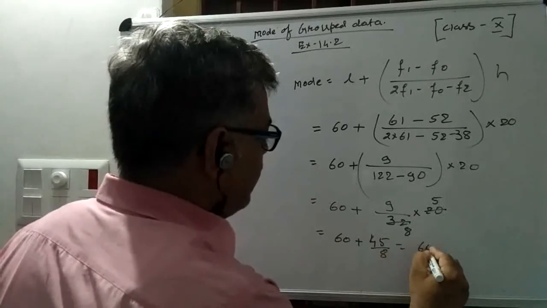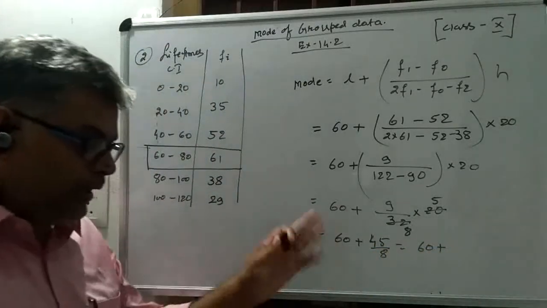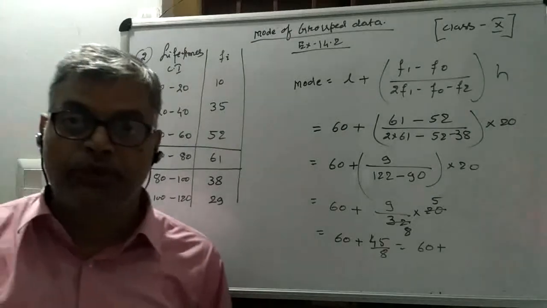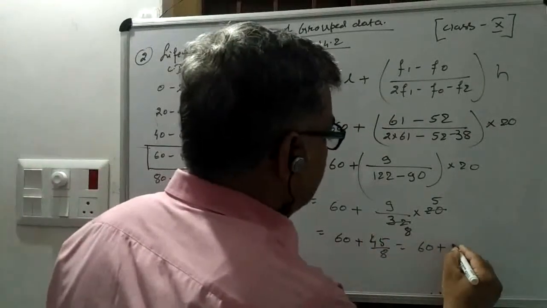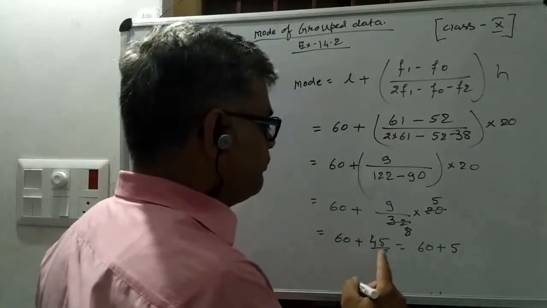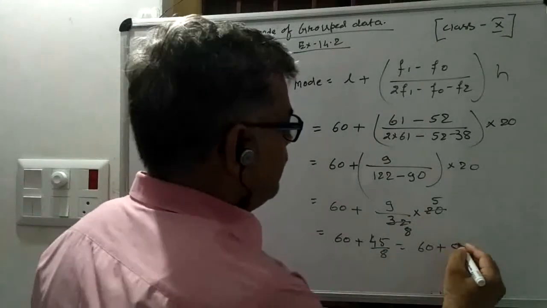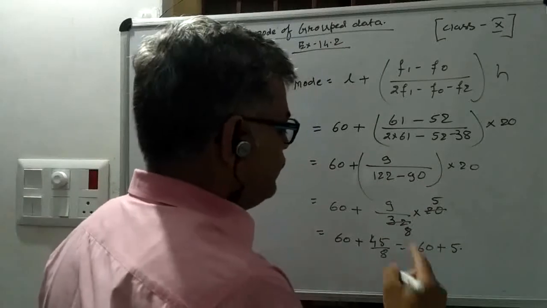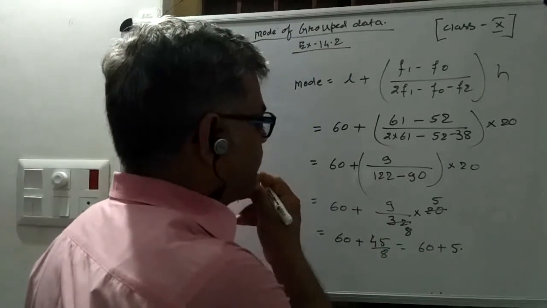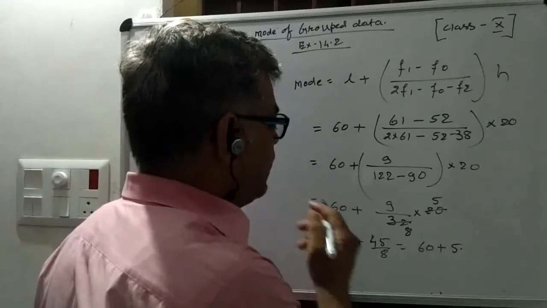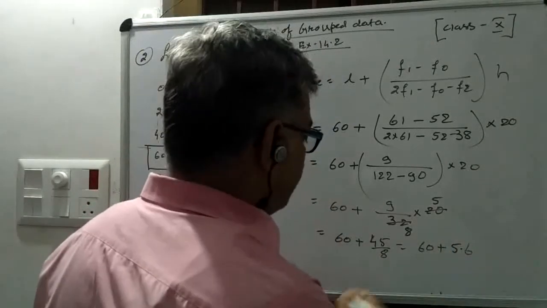When you divide 45 by 8, you get 5.6, I think: 8 fives are 40, remainder 5, then 8 sevens are 56.